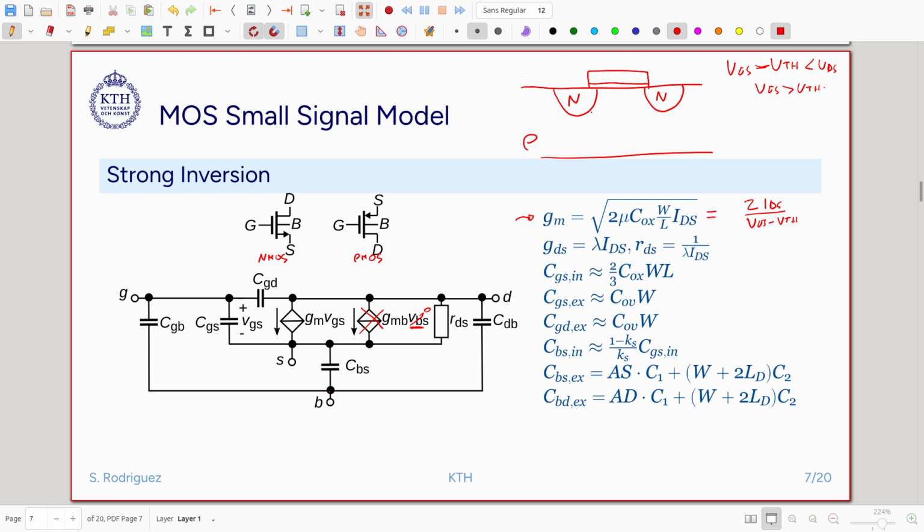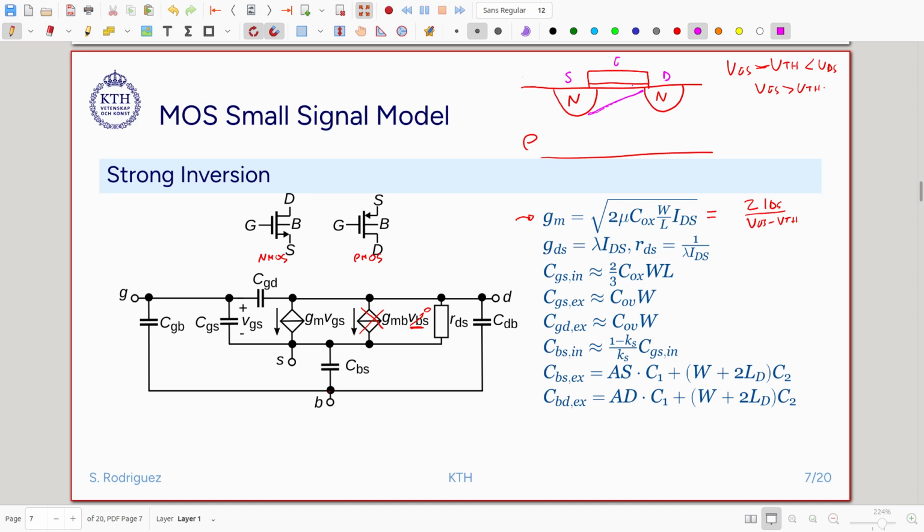There is a channel that is formed here, so we call this the source, this is the gate, this is the drain. There is a channel that is going to be formed here, and this channel looks like this, and that channel will allow charges to move between the source and the drain.